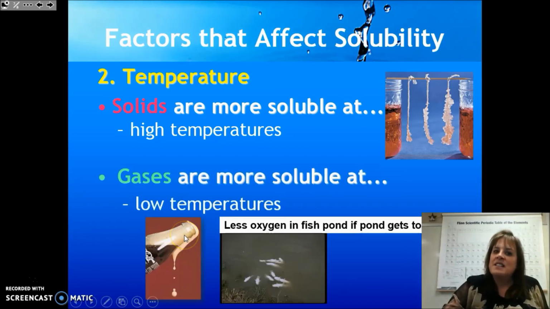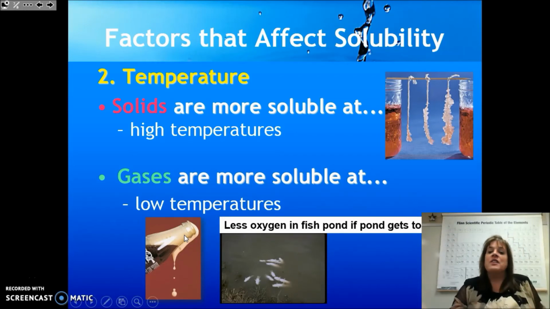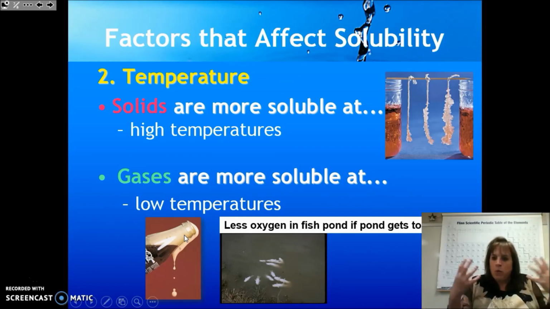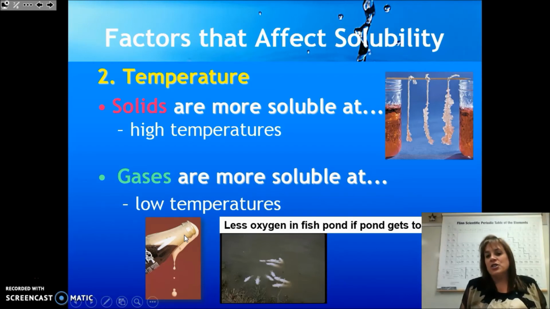But for gases, it's actually the opposite. Gases are more soluble if the solvent is cold. And think about soda, right? Soda has gas dissolved into the soda bottle, right? It's carbonated. And the warmer that bottle is, the quicker the gas comes out. So you want to keep your soda cold. Same thing with these poor little fish.